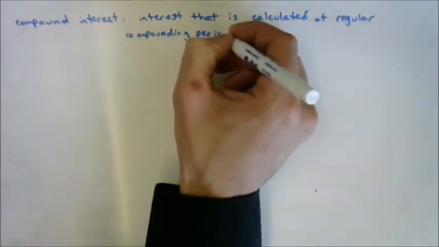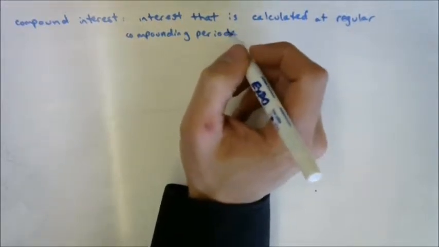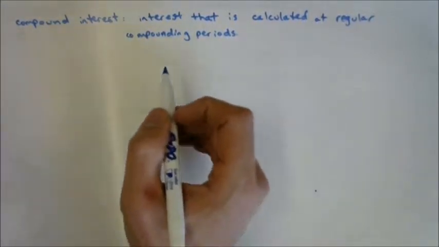So in simple interest, you only gained interest on the principal. In compound interest, the entire amount that's in the account will get paid interest on.